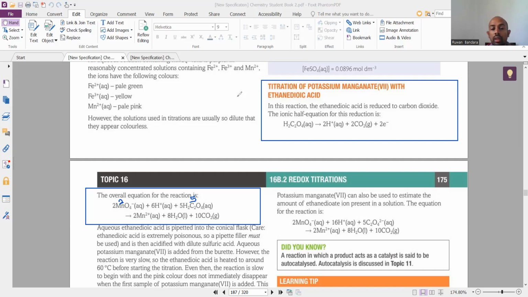As soon as the Mn2+ is produced, Mn2+ will catalyze the reaction. So the produced Mn2+ will act as a catalyst. Therefore, this is known as autocatalysis. So we learned self-indicator in the previous case and here autocatalysis.